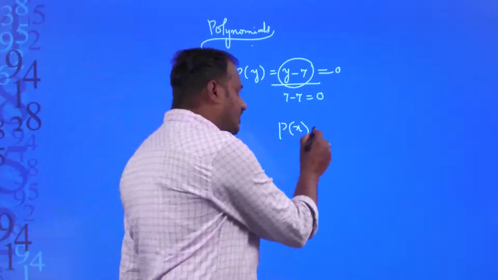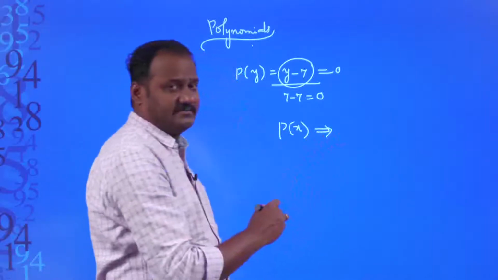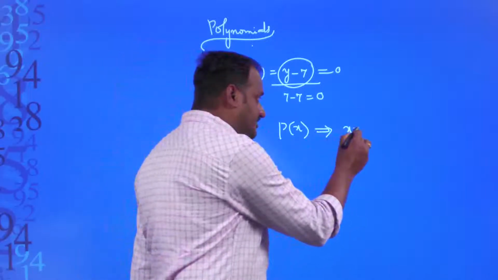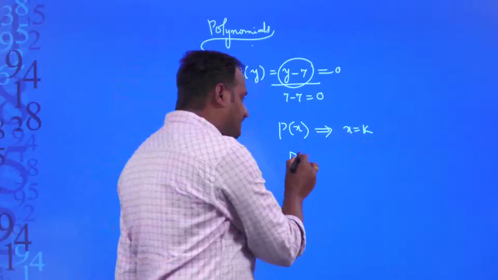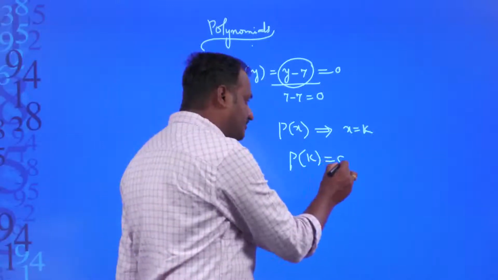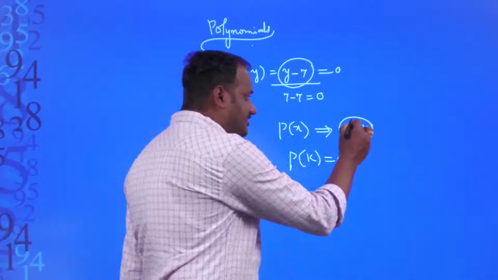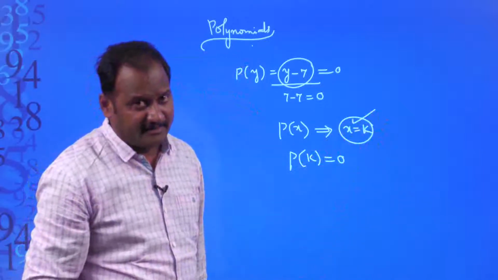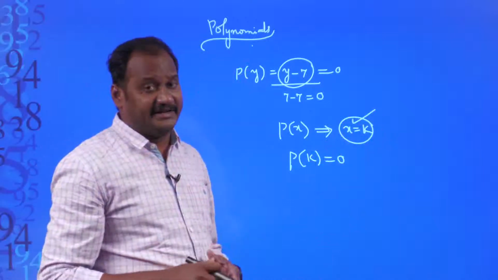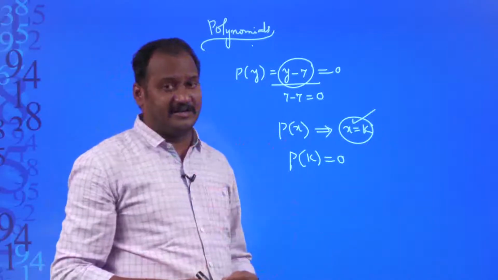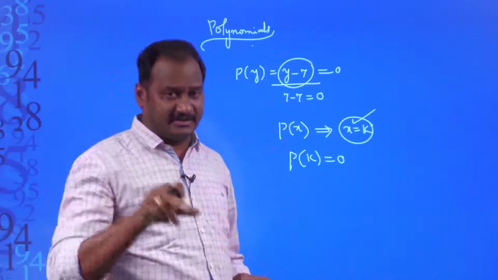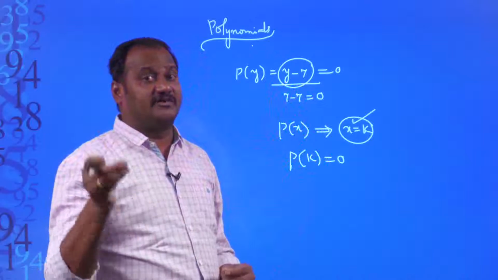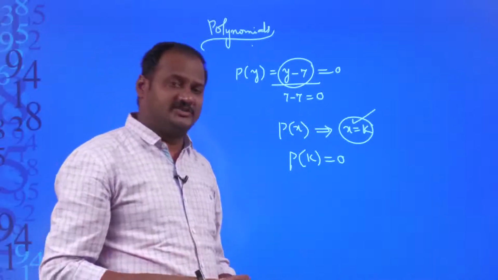For what value of the variable? For example, when x is equal to k, if p of k is going to be 0, then the value x equal to k is said to be a zero of the polynomial. To understand it in a better way, the zero of a polynomial means for what value of the variable the entire polynomial will become 0, those value or values of the variable are said to be zeros of the polynomial.